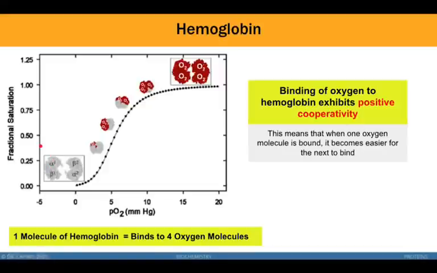So if an oxygen is bound to alpha, this causes the next oxygen molecule to bind easily to the neighboring subunits of hemoglobin. That is why it has this positive cooperativity, because binding of one oxygen makes it easier for the next oxygen to bind to that hemoglobin molecule.